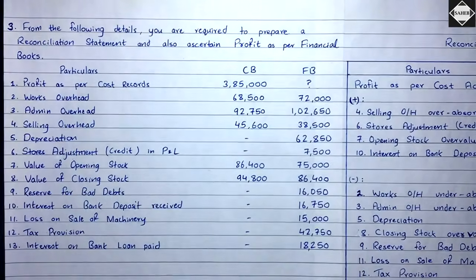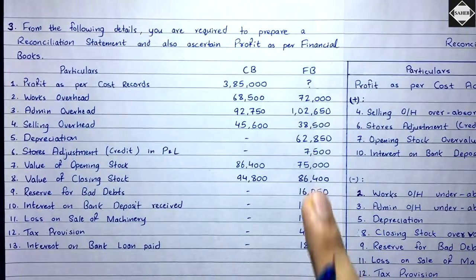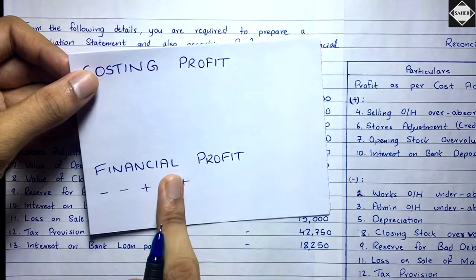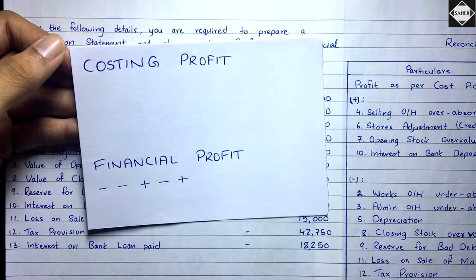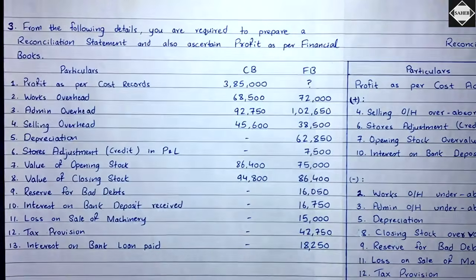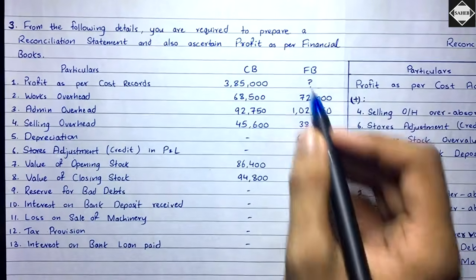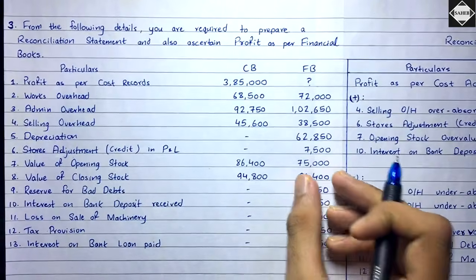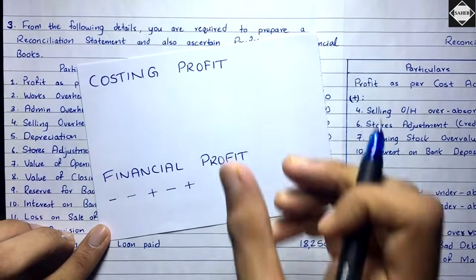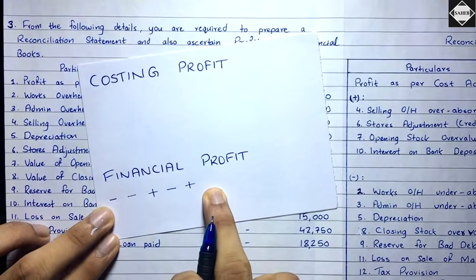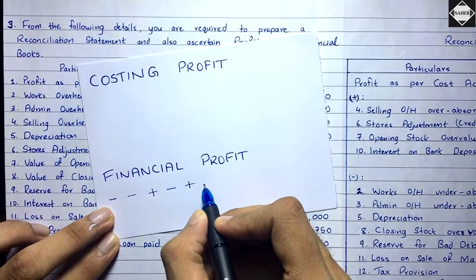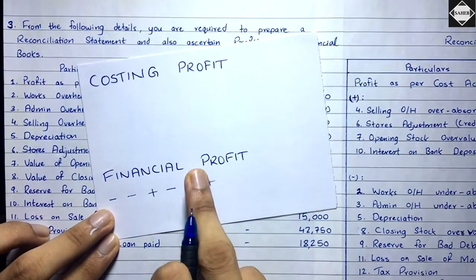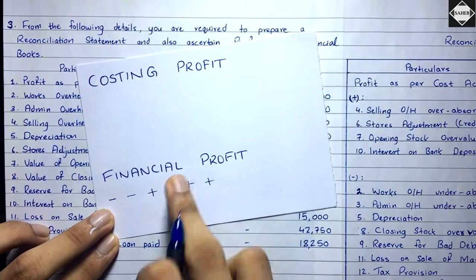Opening stock is an expense and it has been recorded less in financial books, because we need to know the impact on our financial profit, the target profit which we want to reach. If expense is recorded less in financial books, the effect on financial profit is positive.